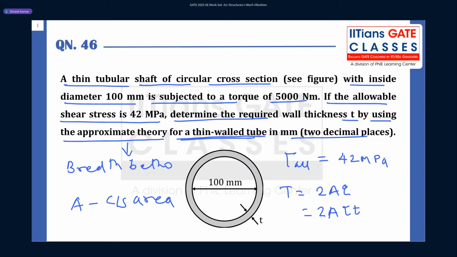It is simple. T equal to 2aq, and we know your applied shear stress is torque upon 2a into t, where a is the cross sectional area, and cross sectional area is given by pi into r mean square. Everyone?